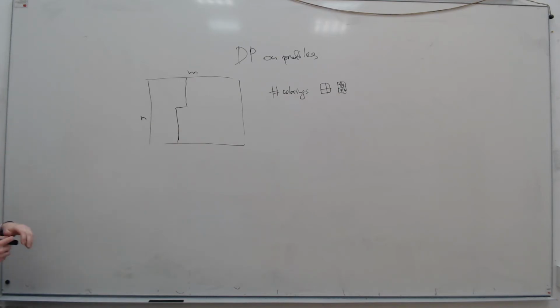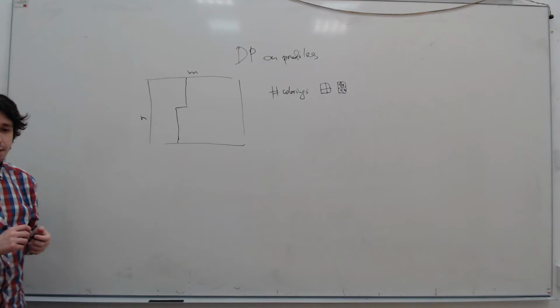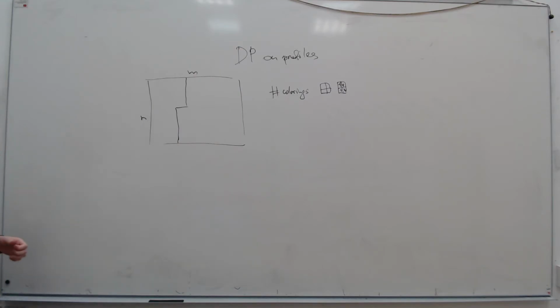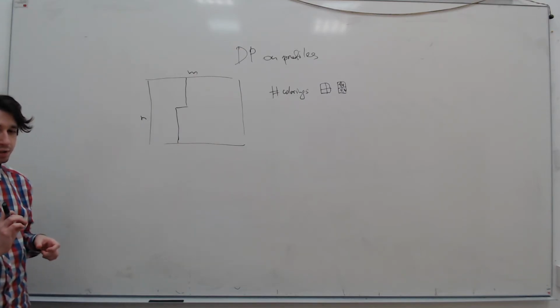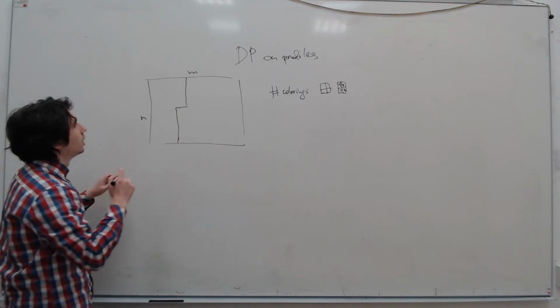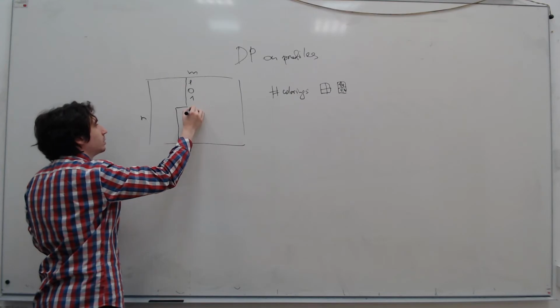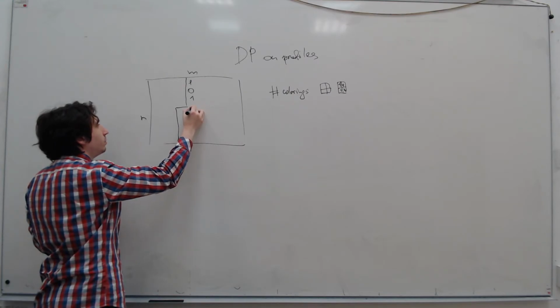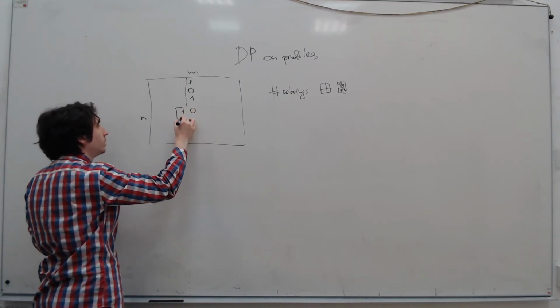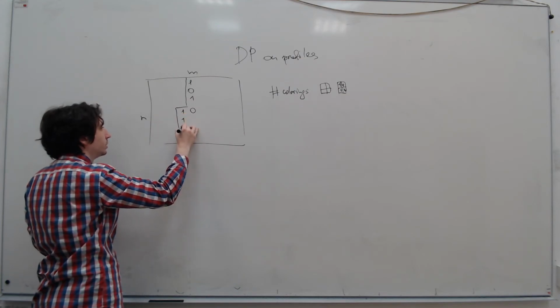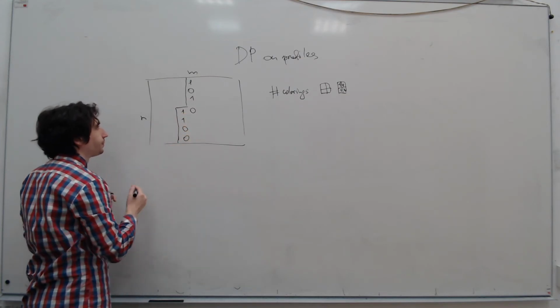To solve it, we will do the same dynamic programming with profile with a little difference. So it is again 1, 0, 1, I don't know, like 0, 1, 1, 0, 0.